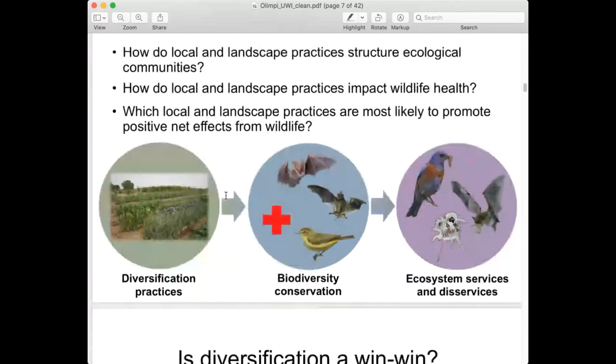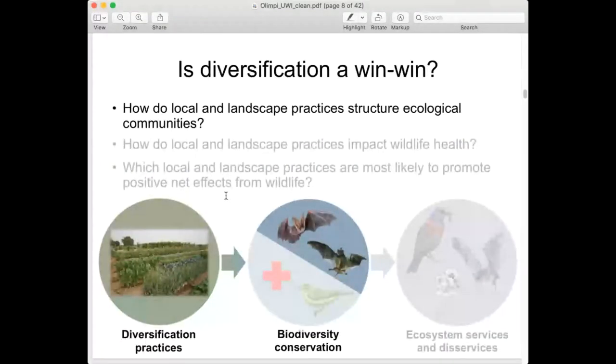Next slide. In this first section, we're going to be focusing on biodiversity conservation, or how practices structure ecological communities. This area of my research asks how we can best conserve biodiversity in dynamic human-modified environments. I'll primarily focus on bat biodiversity outcomes associated with different agricultural practices. Next slide.